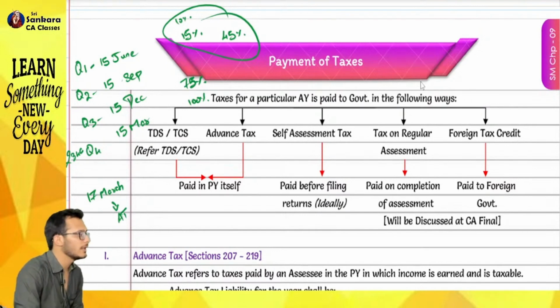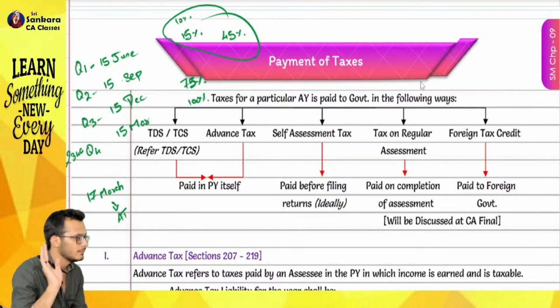Now, who has to remit advance tax? They say, if your tax liability is going to be more than 10,000 for the year, you pay advance tax. But if you are a resident senior citizen who does not have PGBP income, you need not remit advance tax.